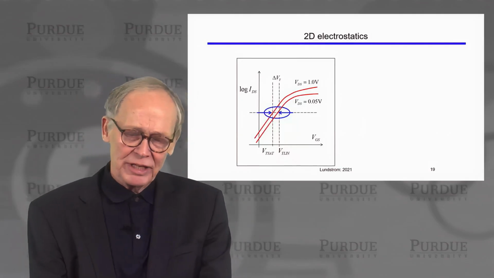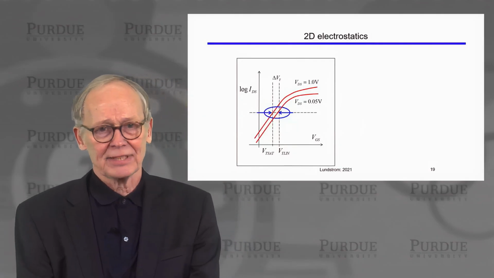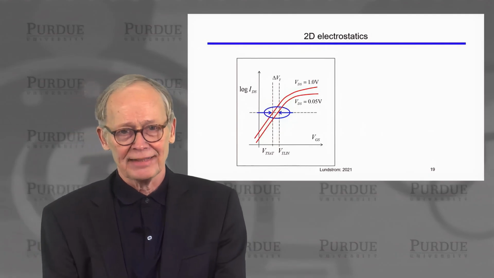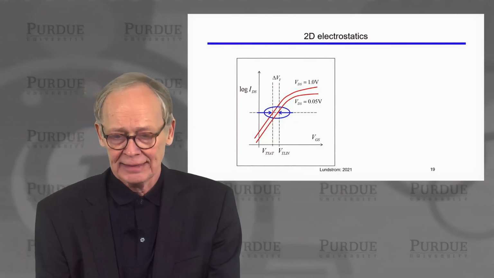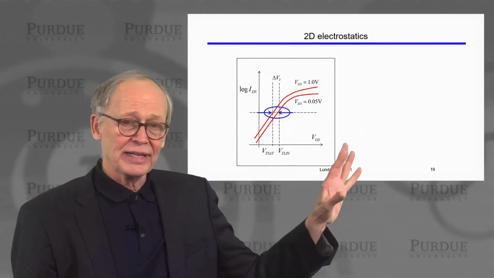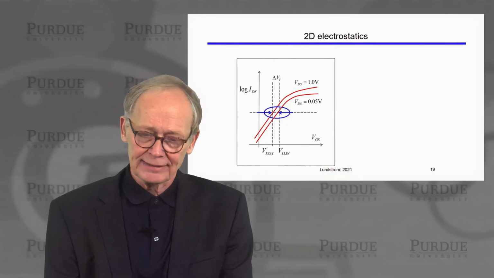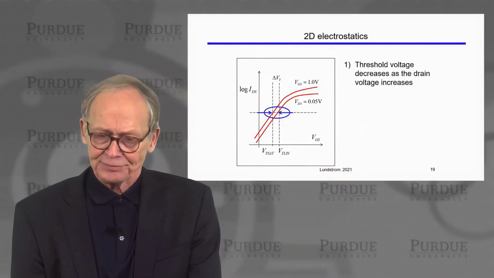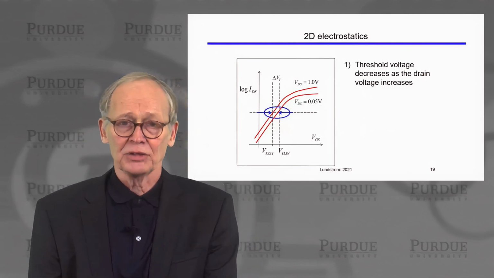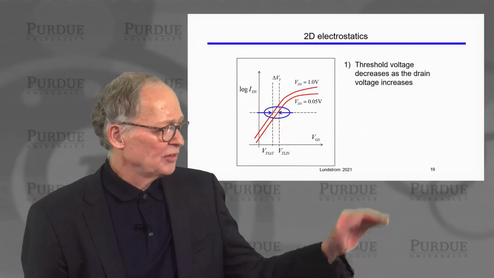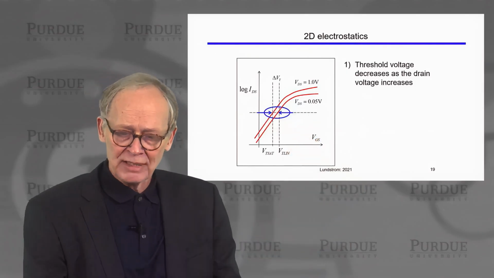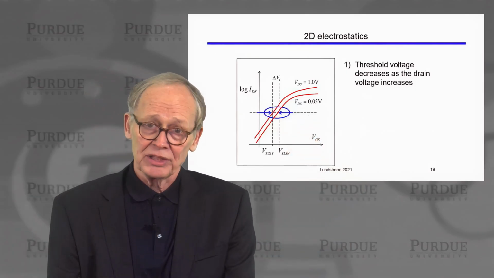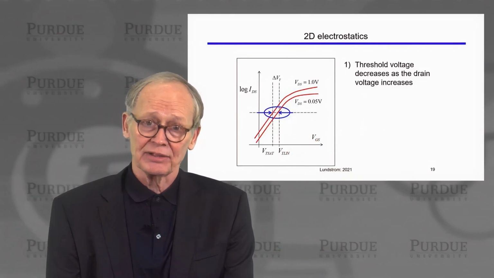So 2D electrostatics complicate the analysis of semiconductor devices and the design of MOSFETs. What they do is they introduce some non-idealities, things like DIBL. What DIBL does is, if there is some arbitrary current, now that the device is on, it takes a certain gate voltage to reach that current.